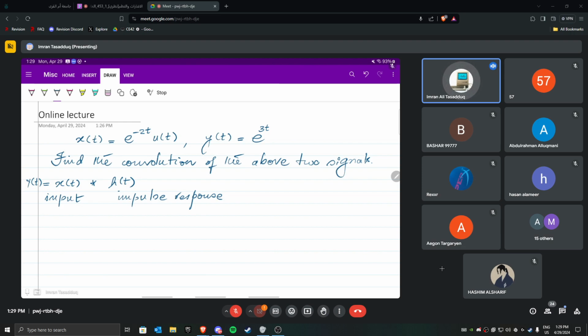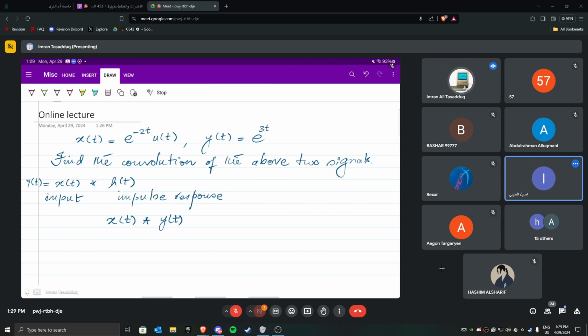In this problem, he gave us x and y and is asking us to find the convolution of the two. So you should not get confused with the symbols. What he's asking is x of t convolved with y of t. In previous problems, y has been h, but this time it is y. It could be any other letter.